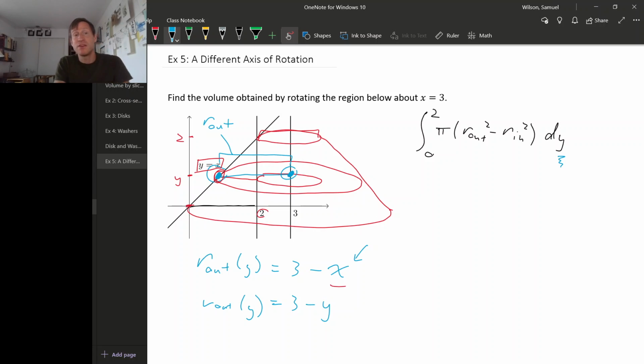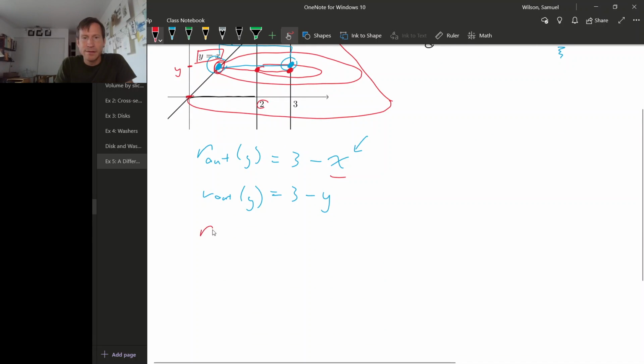Now we can do the same thing for the inside radius function. Right? The inside radius is the distance from the axis of rotation over to the inside circle. And just like before, in principle, this is a function of y, although in this particular example, it's a constant function. But again, because this is a horizontal distance, we can just subtract the x coordinates that give us these 2 positions.